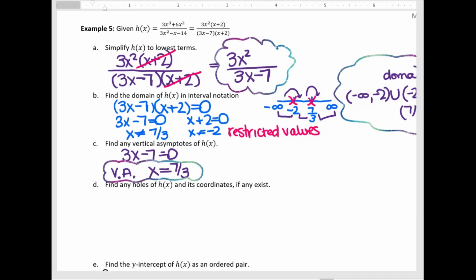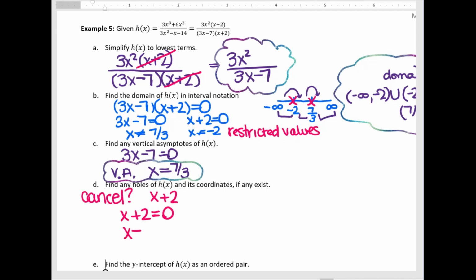Remember, whatever we canceled, it was the x plus 2. So x plus 2 equal to 0. Cancel culture. If you cancel people when they're an a-hole. So if you cancel something out, you have a hole.